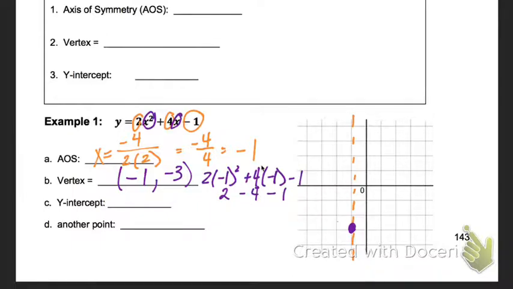The y-intercept is my c, it's negative 1. So 0, negative 1.